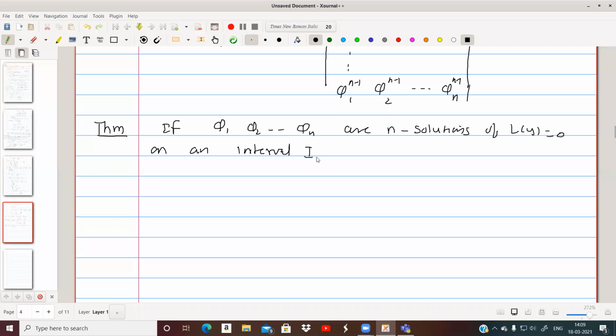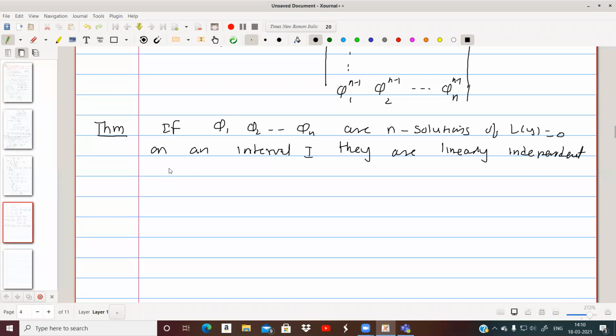The differential equation must be of order n with degree 1. Then they are linearly independent.